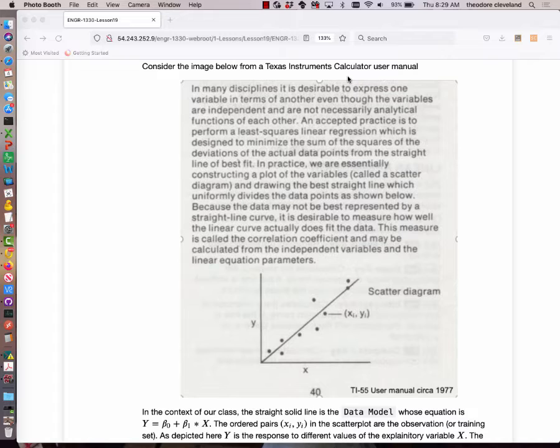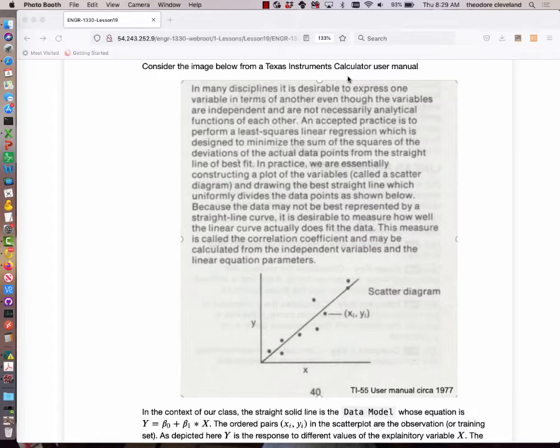So let's read this. This comes from a calculator instruction manual. In many disciplines, it's desirable to express one variable in terms of another, even though the variables appear independent and are not necessarily analytical functions of one another. So that was the correlation causality thing, translated into something that people could read who were buying these calculators.